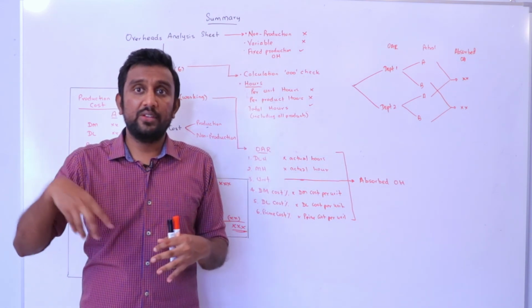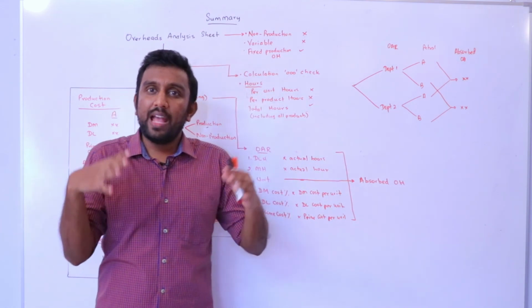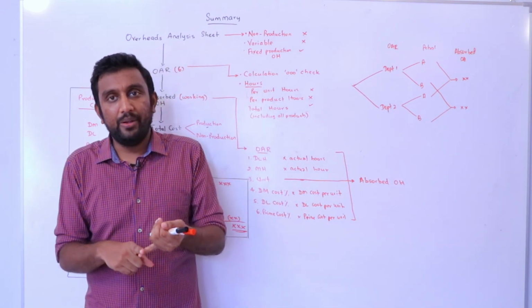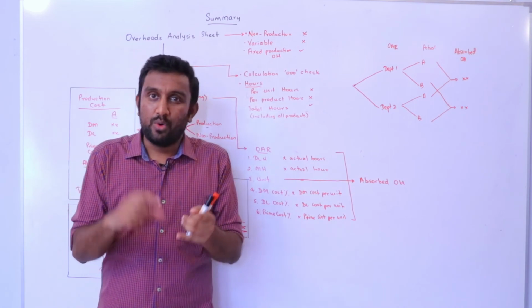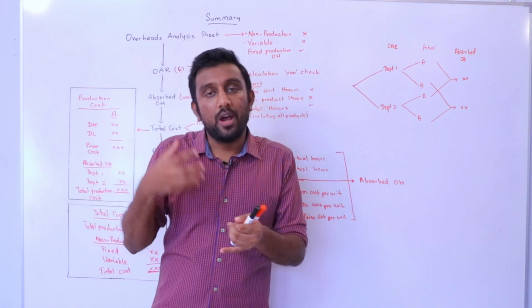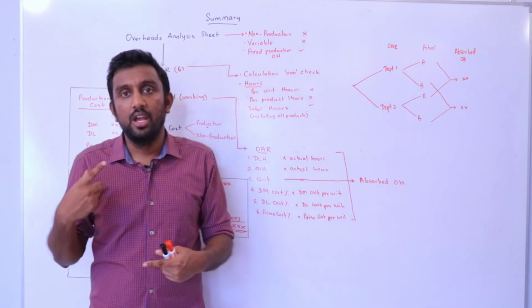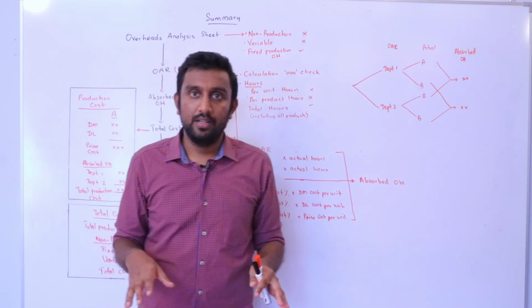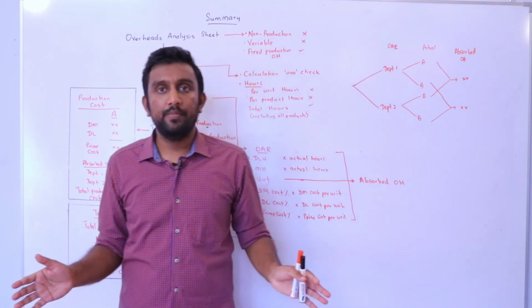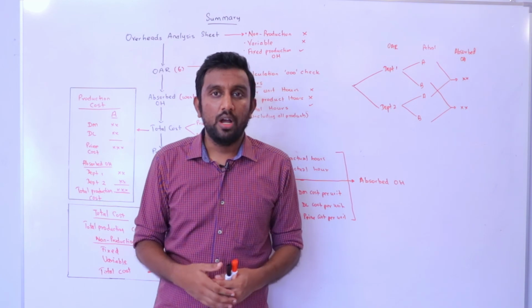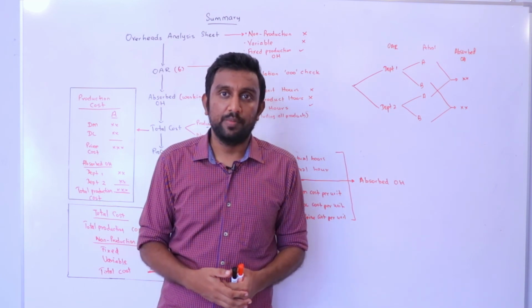You may have different scenarios as well, right? If you have the basic understanding of the chapter, how to find OAR, what it actually means, and why we are using total hours, if we have those understandings, you won't make a mistake. So this is the entire chapter of overhead costing. In the next video, I'll explain another chapter. Thank you guys.